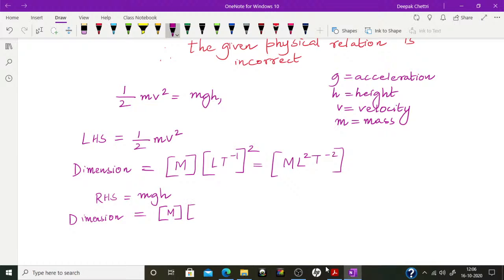The dimension of acceleration we have found on top, so it is L t to the power minus 2, and h is a height, it's a distance, it's a length, so it will be L, right? So combining, I'll get M. Now there is one L here, one L here, so this makes it L squared, and there is t to the power minus 2. Now look at them, they are equal, right? They are equal.